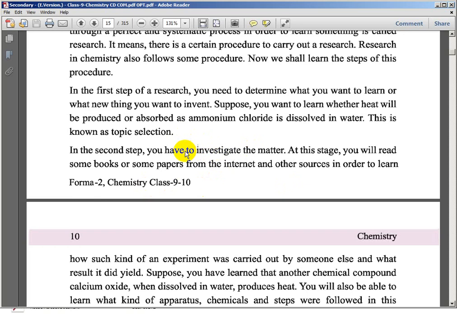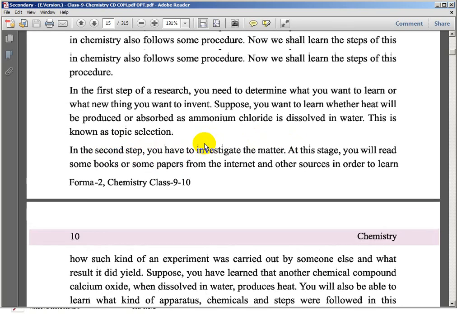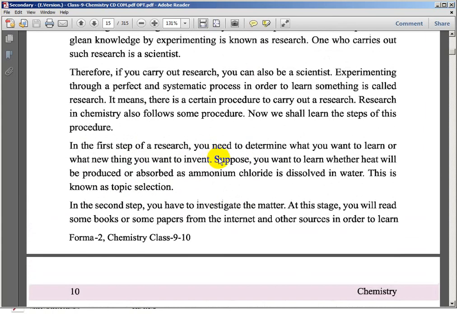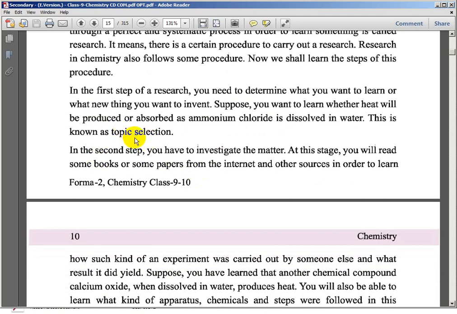We will do experiments and many things in the chemistry lab. I wish you will do betterment for humanity, like some scientists are discovering a vaccine for COVID-19. You do something in the future, inshallah. Okay, you try. The first step is topic selection.